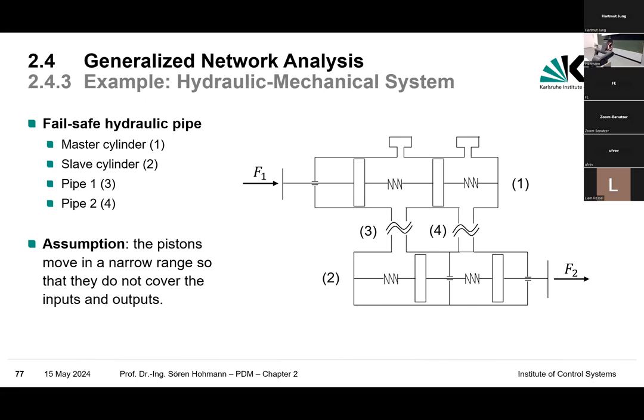If you have just one pipe, and this pipe bursts, you really have a problem if you drive 130 or 180 kilometers per hour. Therefore, in every car in the world, you have two pipe systems, so redundancy.